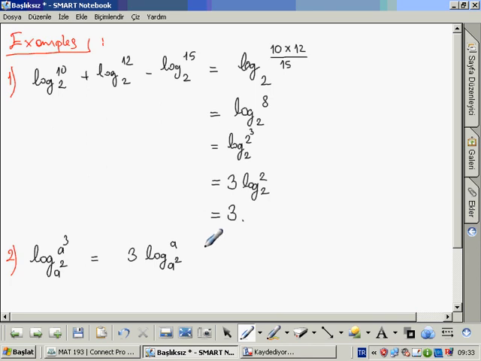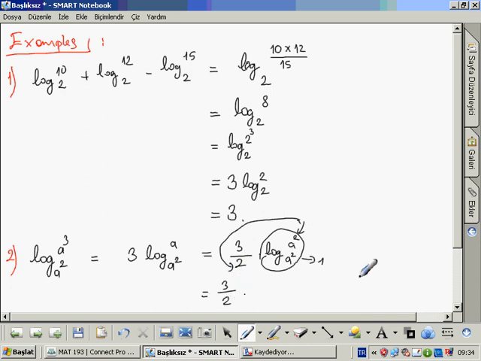You can write this part as 3 over 2 times logarithm of a square to the base a square. If it comes here, you must divide by this part, as you see, and we know that this part will be 1, and it's equal to 3 over 2.